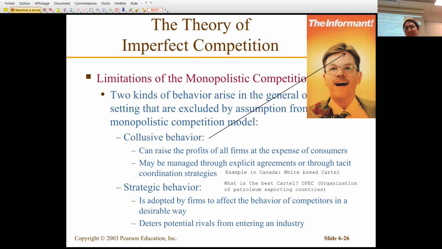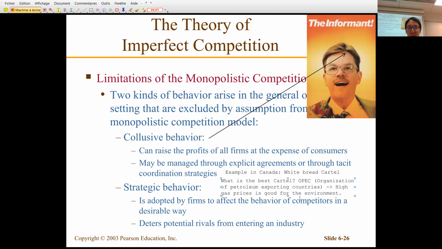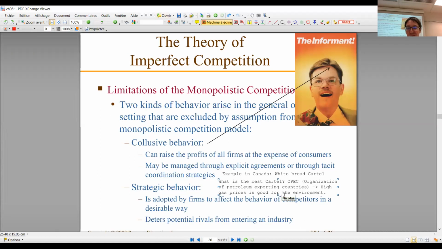So that's the best thing that can happen for future generations: as long as they keep prices high, then it's good for the environment. So of course, they don't do it because they like the environment. They just do it because they want more money.